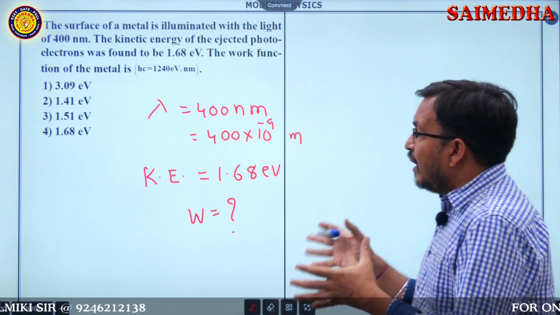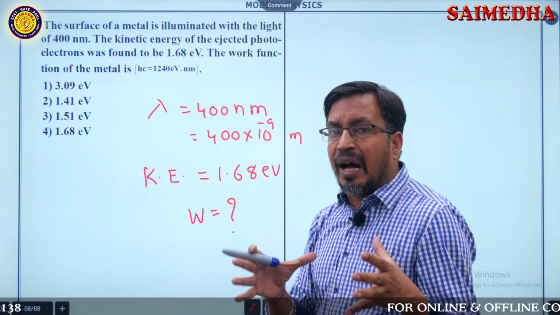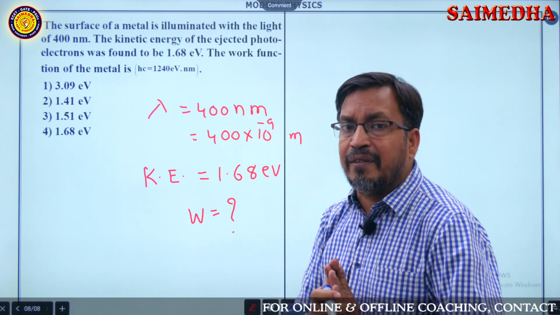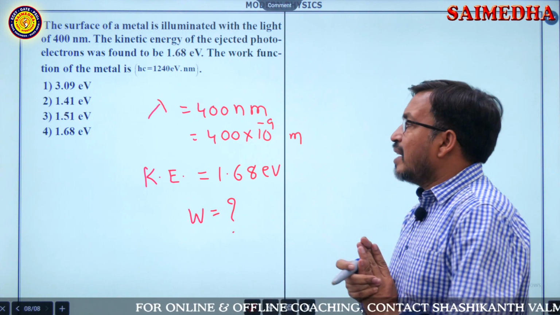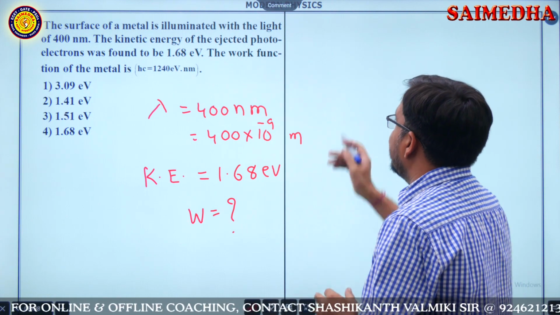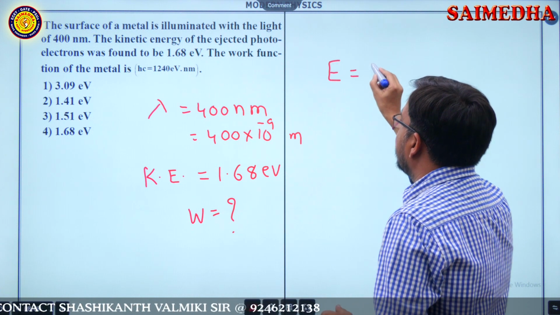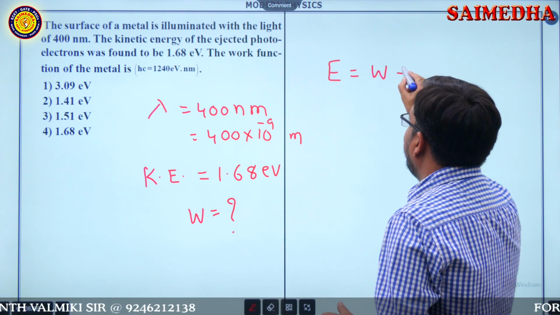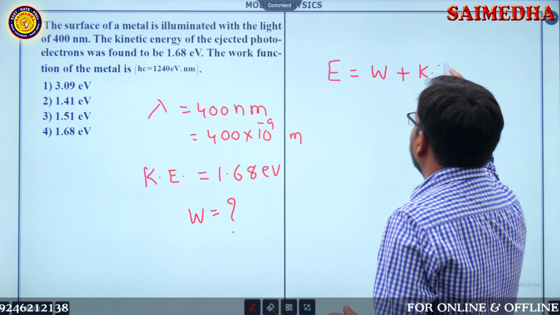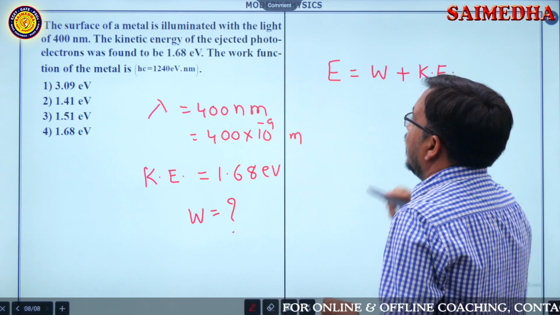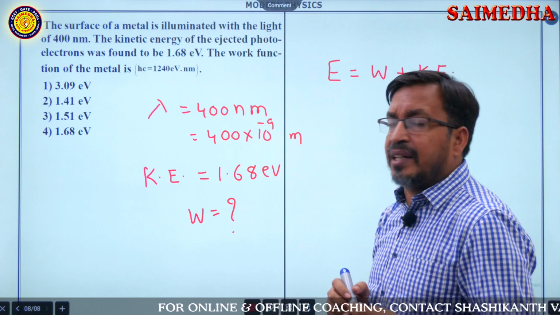See here, again this question is related to Einstein photoelectric effect equation. What is Einstein photoelectric effect equation? Energy of incident light equals work function plus kinetic energy.